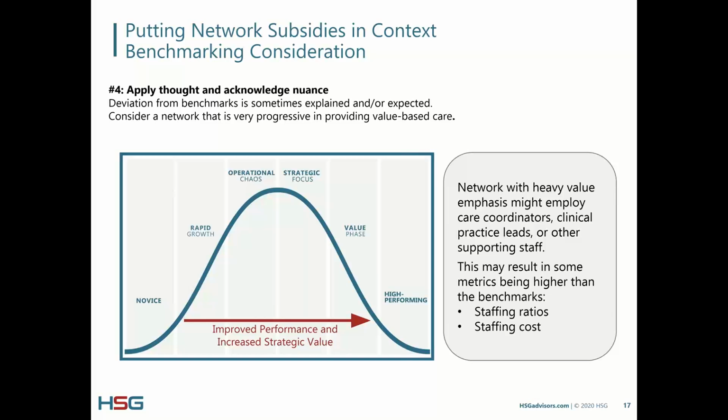Might be care coordinators, clinical practice leads, other supporting staff that you might not have if you didn't have such a value focus. So then if you compare yourself to benchmarks, you might look high on staffing ratios or staffing costs, and that's okay given the goals of the organization. So that's what we mean when we say apply thought and knowledge and nuance.